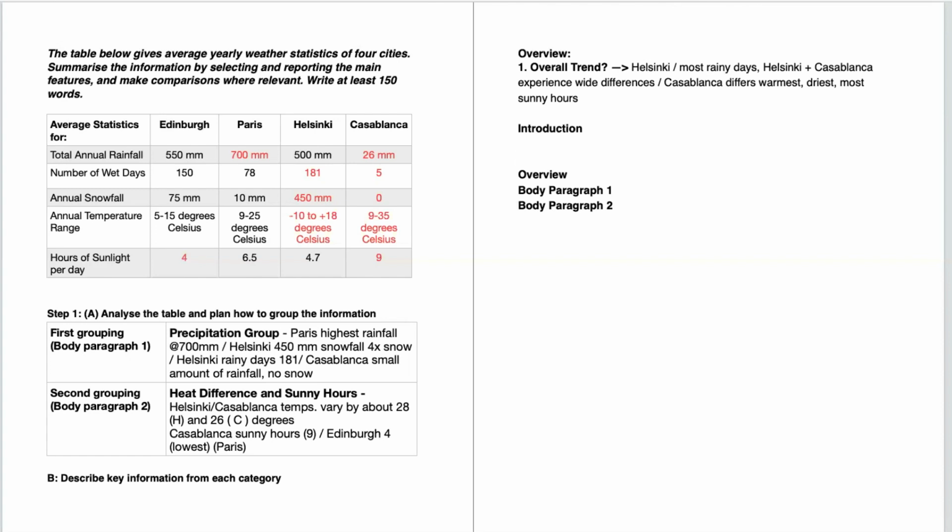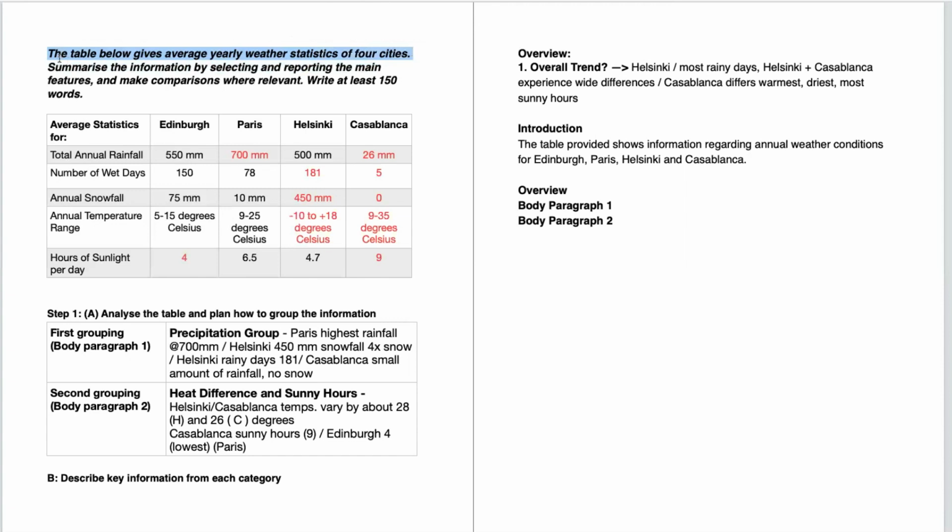So quite simply, I'm going to say the table provided shows information regarding annual weather conditions for Edinburgh, Paris, Helsinki, and Casablanca. And that is really all you need here. Really nothing else is listed. We're just going to look at this sentence because the rest of the prompt is telling us what to do.